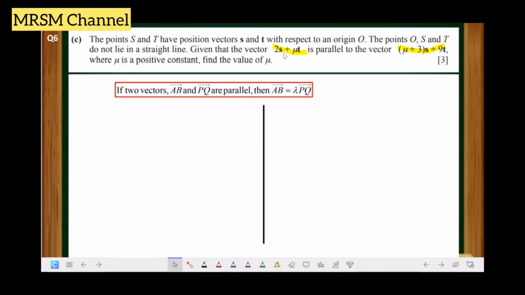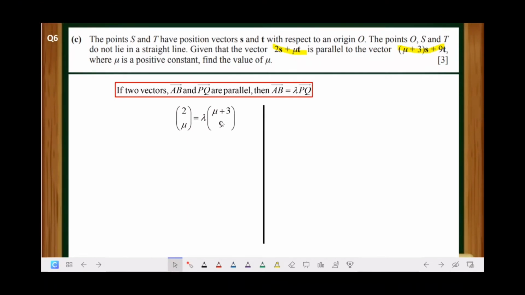It is the same here: 2S plus mu T is parallel to mu plus 3S plus 9T. So we take only the constants: 2 mu is equal to lambda times this. Teacher writes in a column vector, so we don't write S and T for now.